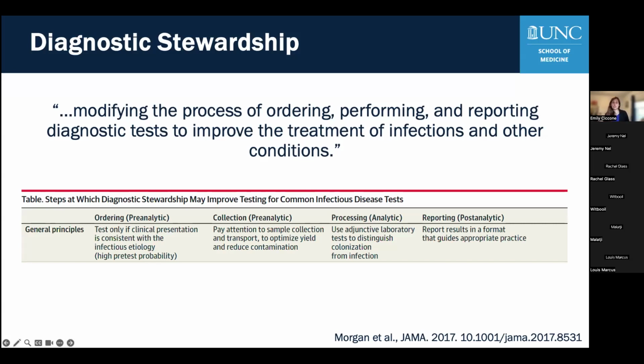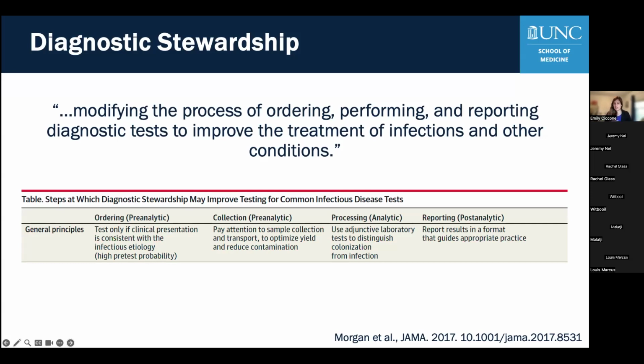So at the time a test is ordered, you want to order the test only if the clinical presentation is consistent with an infectious etiology. So this is not getting blood cultures in the ED just because a patient has a high heart rate and doesn't have any other signs of infection, or not sending a urinalysis when a patient does not have any symptoms of a urinary tract infection.